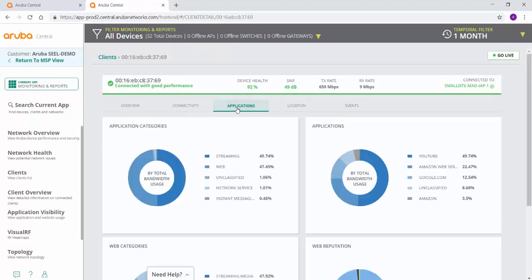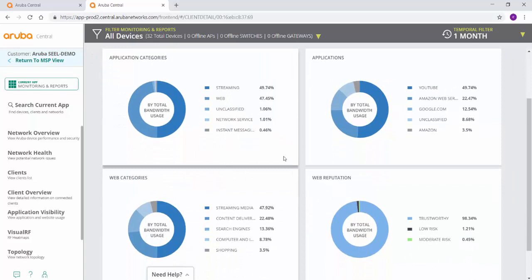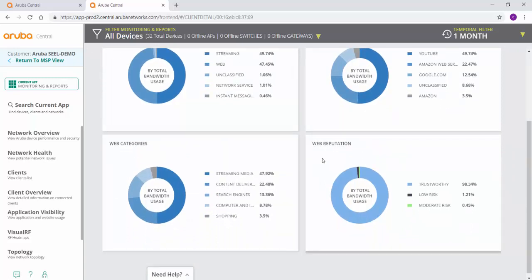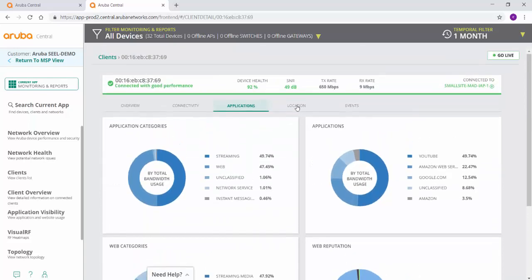From an application perspective, we get the client's view of the applications that they have been using, so a lot of YouTube and Amazon Web Services, and the categories of those applications. And from a web perspective, what types of sites has this client been visiting?